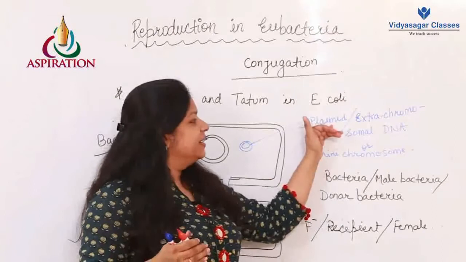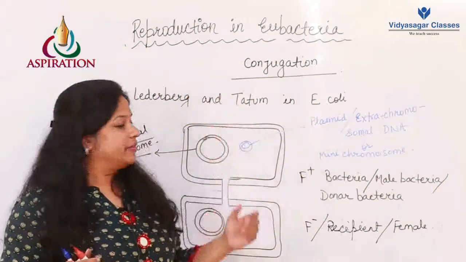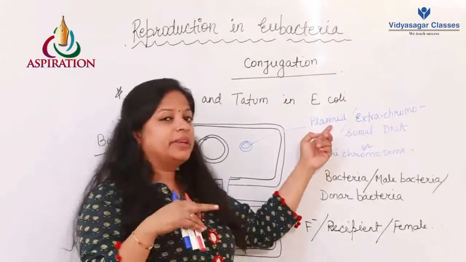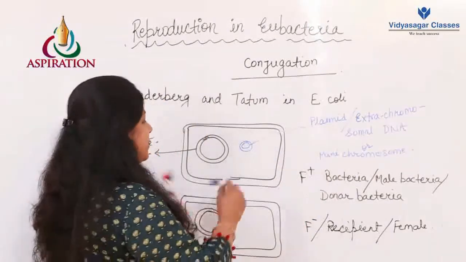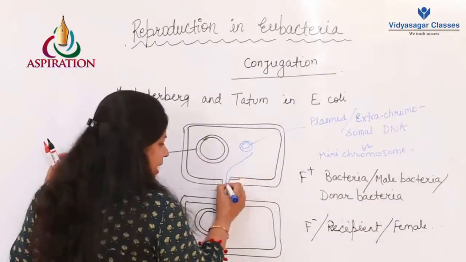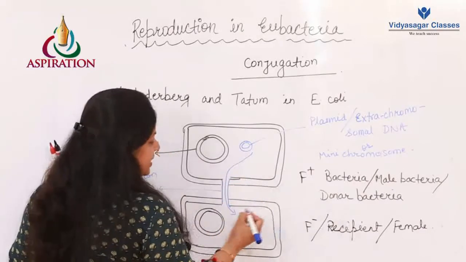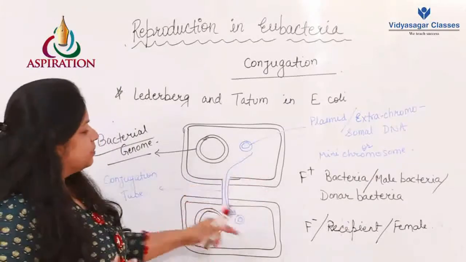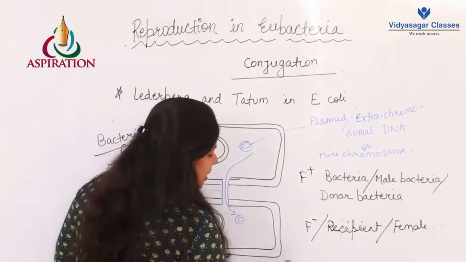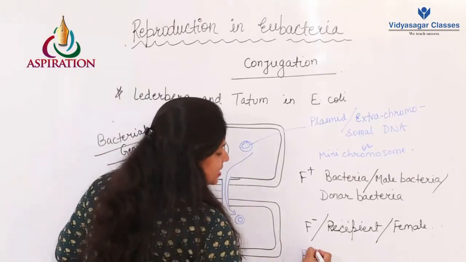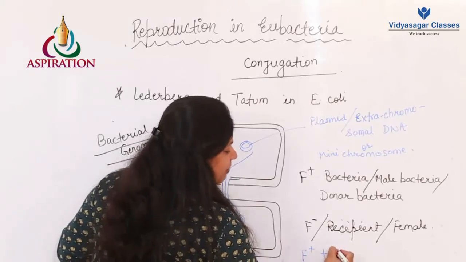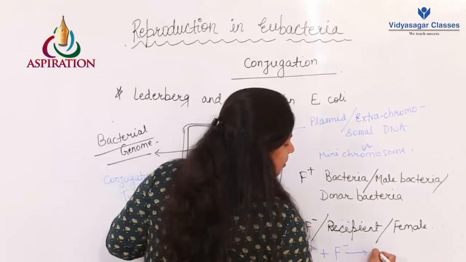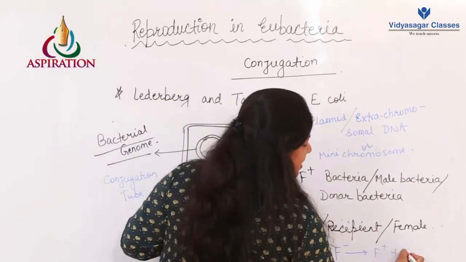This plasmid is autoreplicative. It has the ability to form its own copy and transfer it to the recipient bacteria. In this process, the F plus bacteria combines with F minus bacteria to form both F plus bacteria.